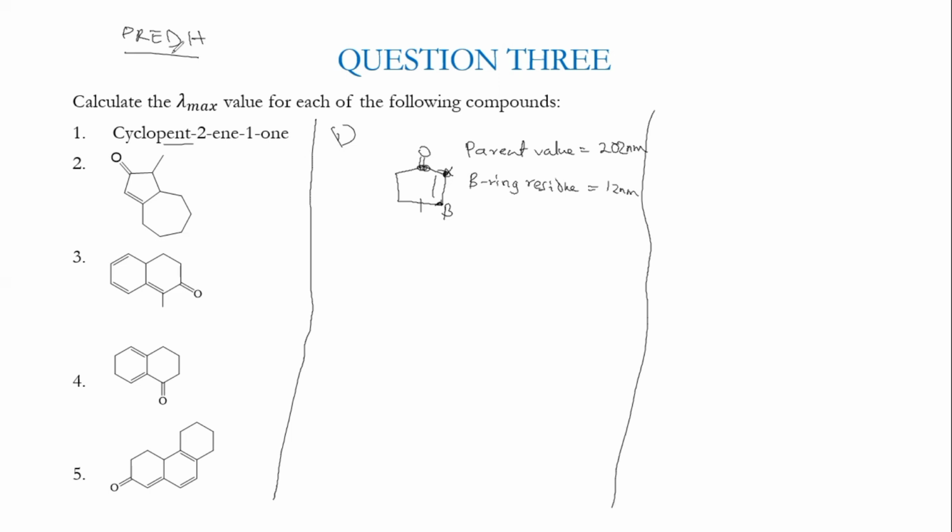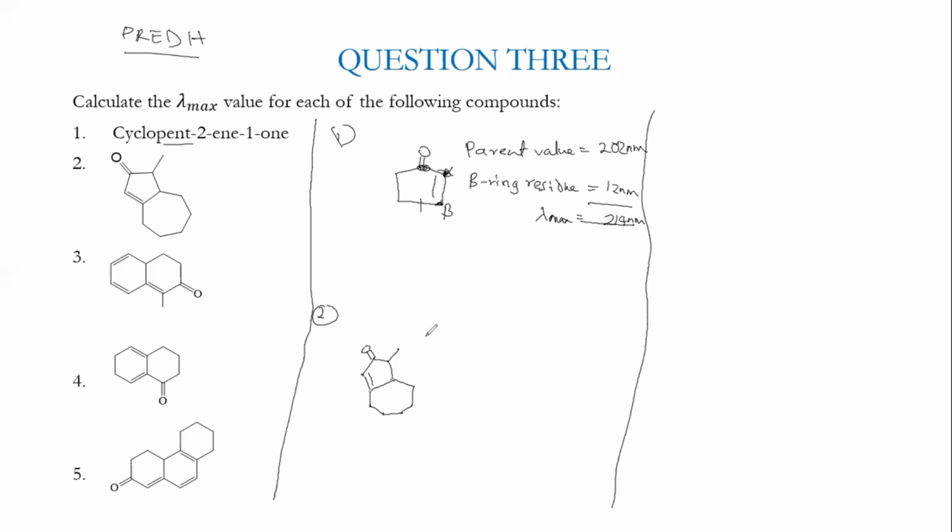So do you have a double bond extension? No. Do you have one direct component? No. So we'll add everything together. It will give us lambda max equals 214 nanometers. So, let's draw question number 2.